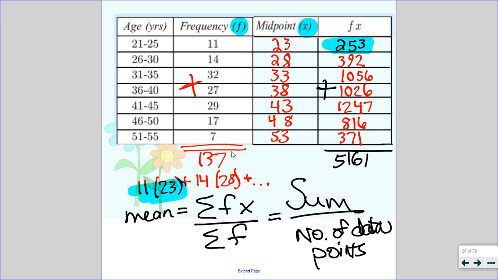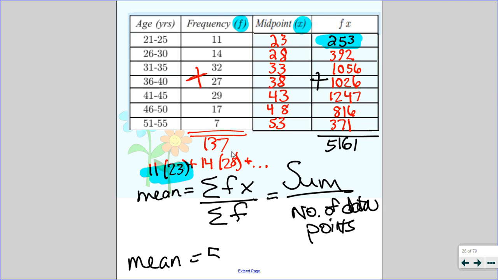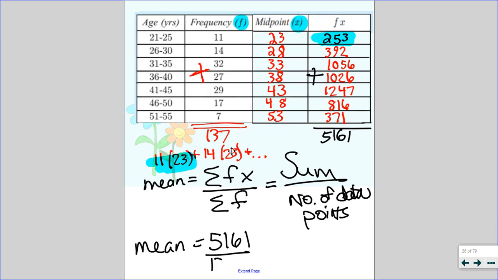So the mean is 5161 divided by 137. That is 37.6 years old, and the class or category that it would fall in is the one right here in our range of people.